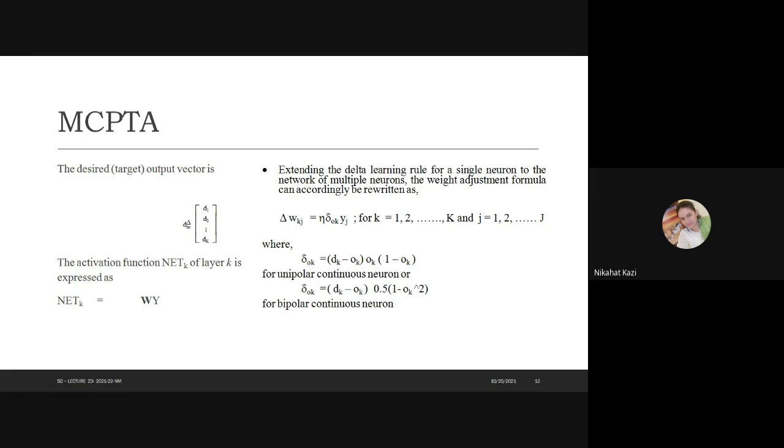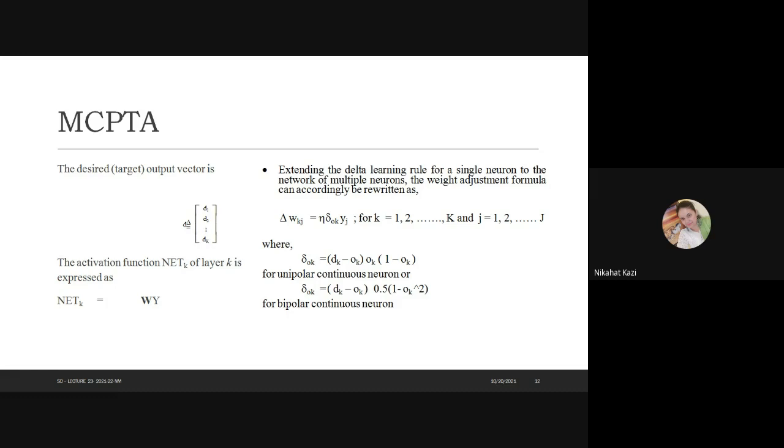So if you recollect, the delta W equation for a continuous perceptron network, single neuron network, is eta times delta times y, where delta is the learning signal. Okay. So if you recollect, we had derived this for the unipolar continuous neuron. It is O times 1 minus O. Do you recollect?